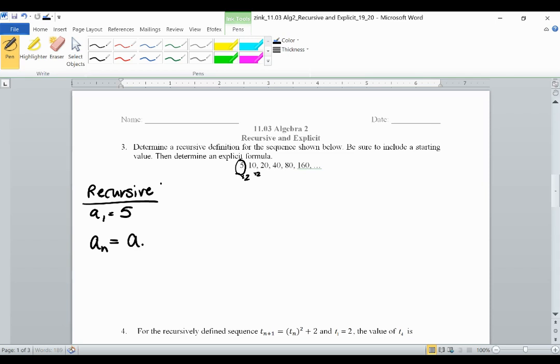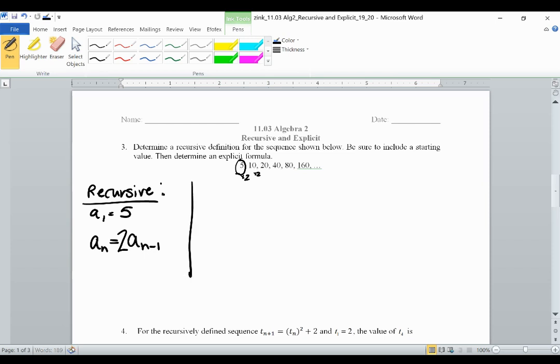So that's a sub n minus 1, and I want to multiply that by 2. So if I wanted to find the second term, I would do 2 times 5. That would give me 10. To find the third term, I would take the second term, which was 10, and multiply that by 2. So that would be your recursive definition.